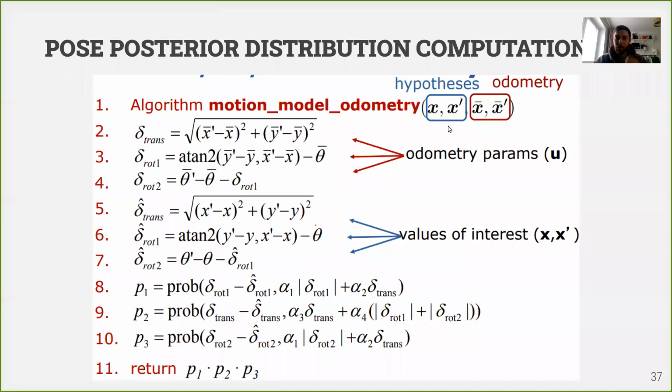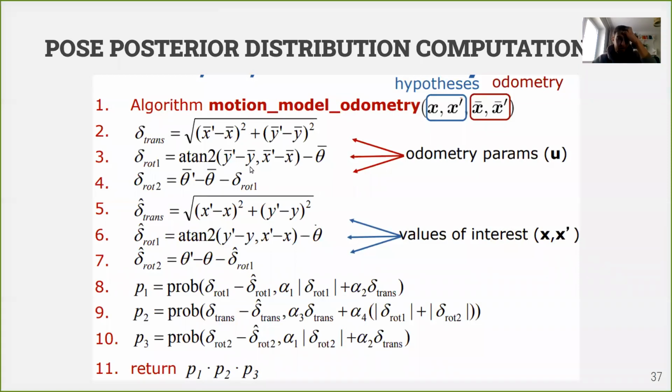And we have our hypothesis. For example, somehow we predicted that we have to move to this position. Now we have both of these. We want to estimate how probable it is that our hypothesis is correct, or how probable our hypothesis is given the odometry.